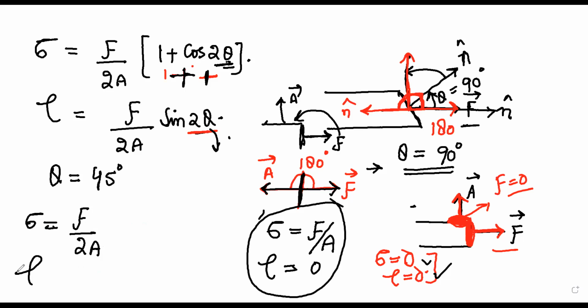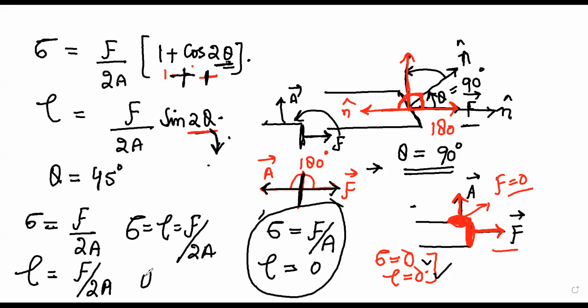And how much is the shear stress tau? For theta equal to 45, 45 into 2 is 90, sine 90 is 1, so it is F by 2A. It means sigma is equal to tau is equal to F by 2A when theta is equal to 45 degrees.